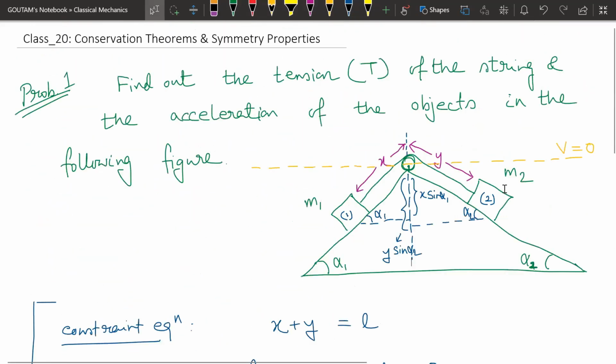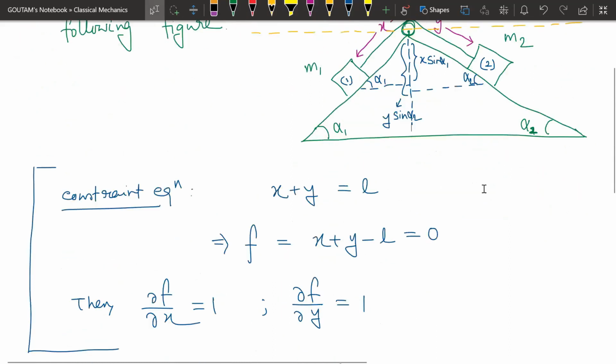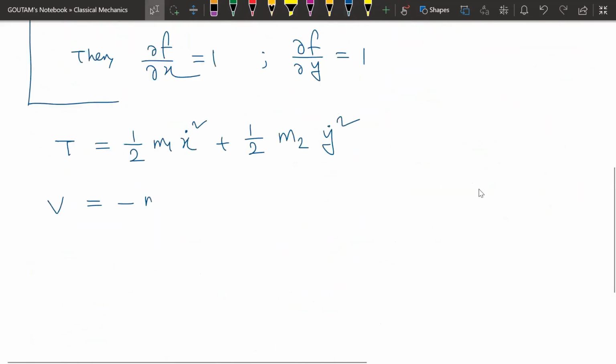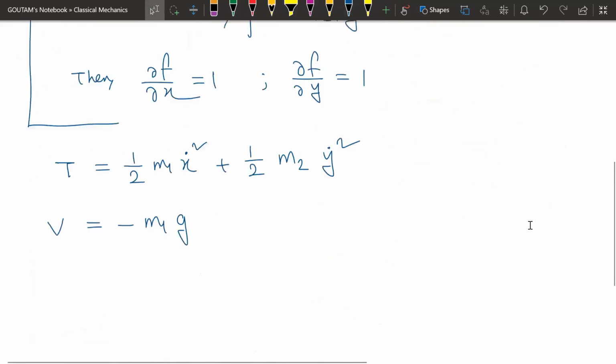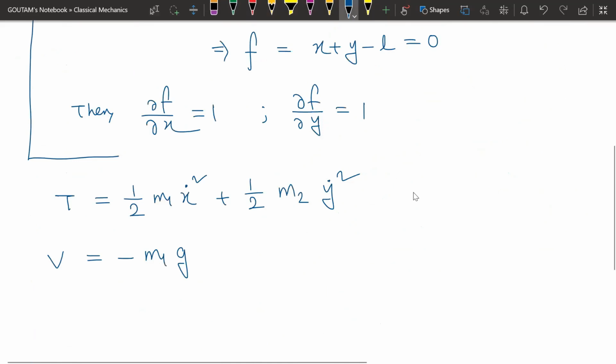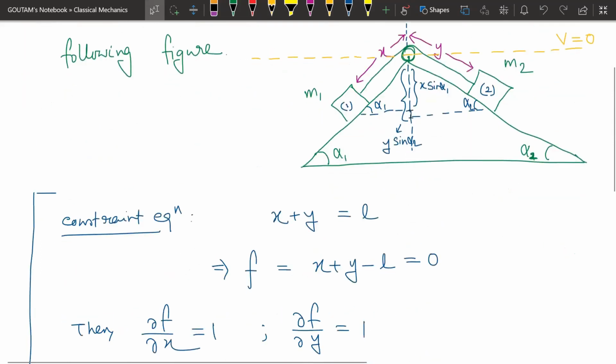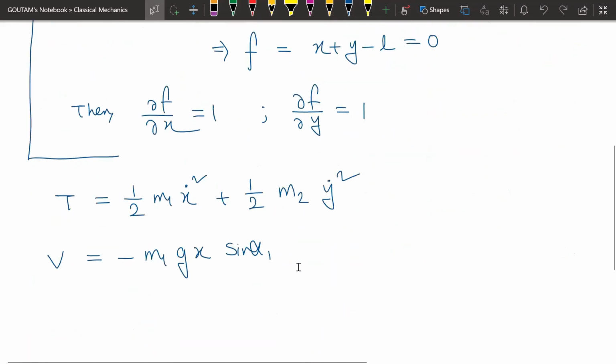So in that case, the potential energy here is 0. For object m1, its potential energy will be minus m1 g x sine alpha 1, because as we are going downward from this level, the potential energy will decrease. It will decrease by m1 g x sine alpha 1.